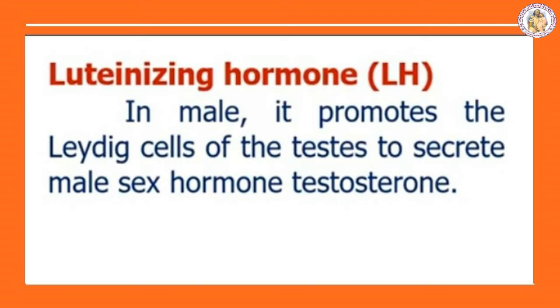Luteinizing hormone, LH. In males, it stimulates the Leydig cells of the testis to secrete the male sex hormone testosterone. In females, it causes ovulation, that is, rupture of the matured graafian follicle. It is responsible for the development of the corpus luteum and production of the female sex hormones like estrogen and progesterone.